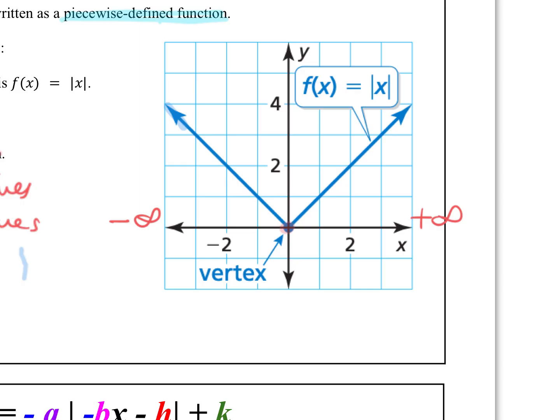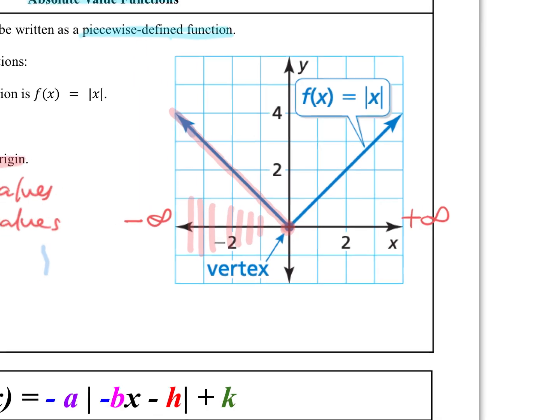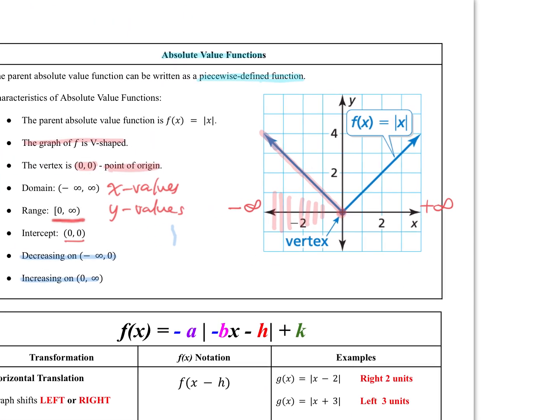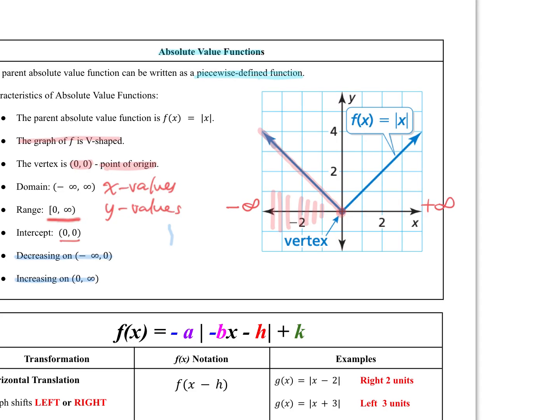Now, looking at the direction of your graph, until it reaches 0, all the input values are going to be decreasing, from negative infinity going to 0.